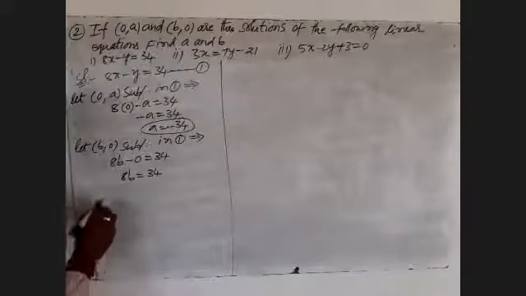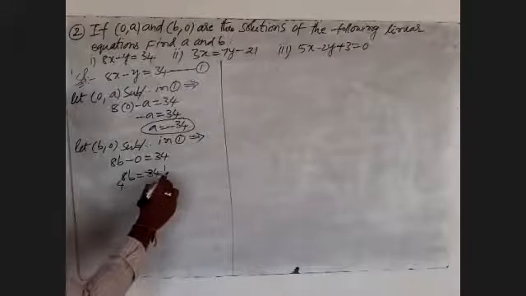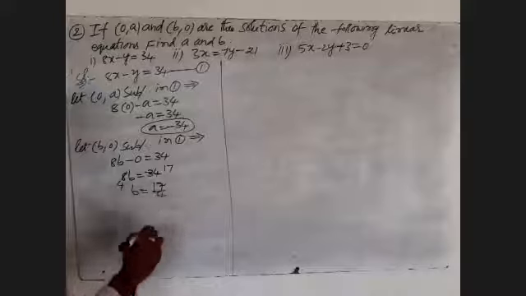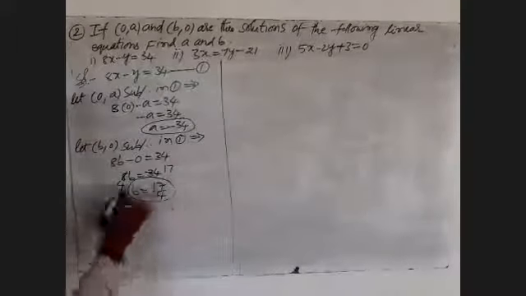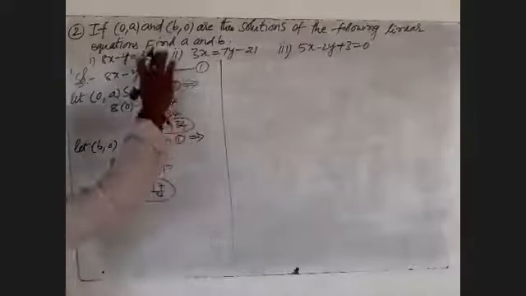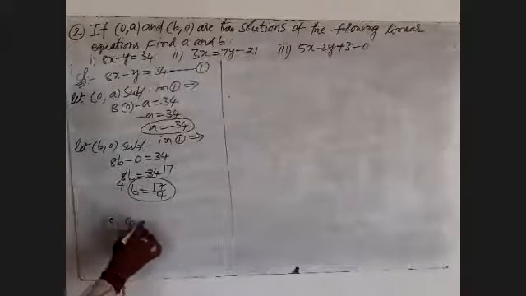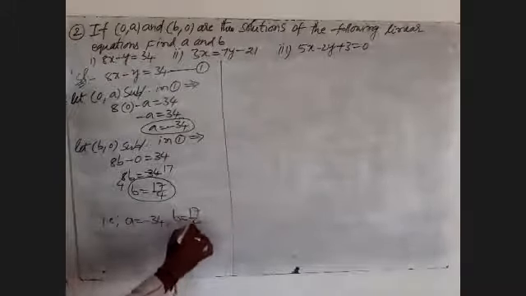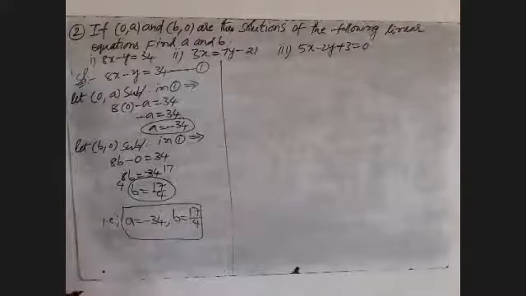Dividing, b is equal to 17 by 4. Finally, in this problem, a is minus 34 and b is 17 by 4. These are the values for the given equation.